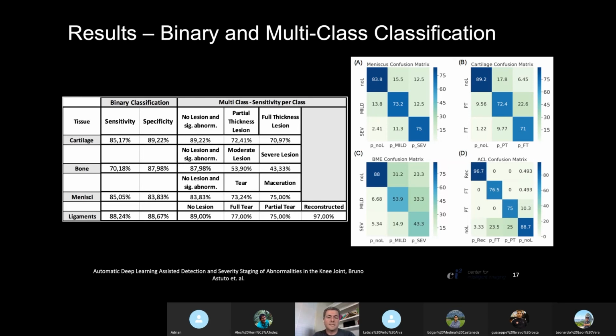As I told you in the beginning, one of the goals of the project was to reduce the difference between the radiologists, to make the radiologists agree more if they use the aid of the model when they are grading the images. And they don't agree 70% of the time.